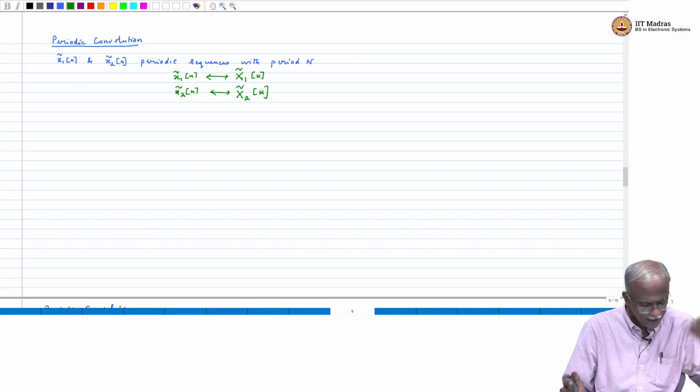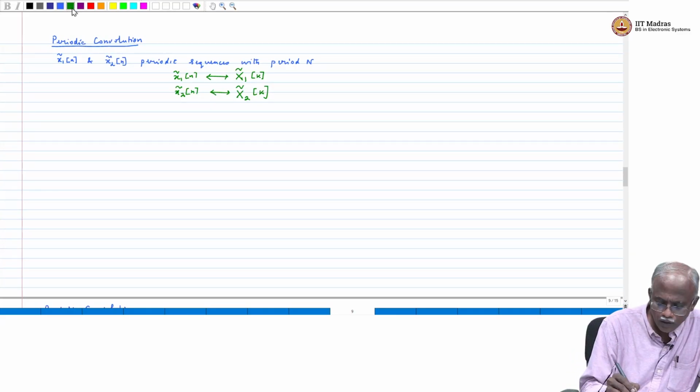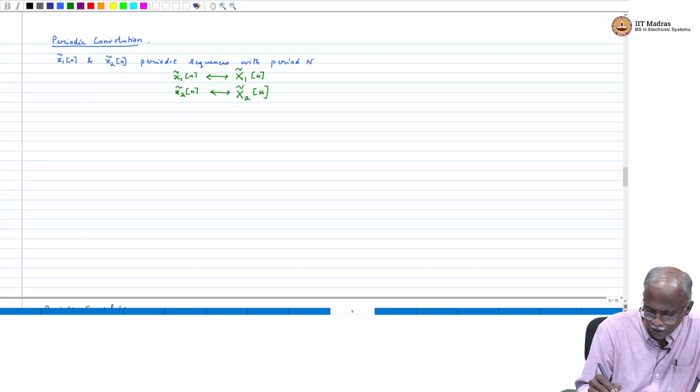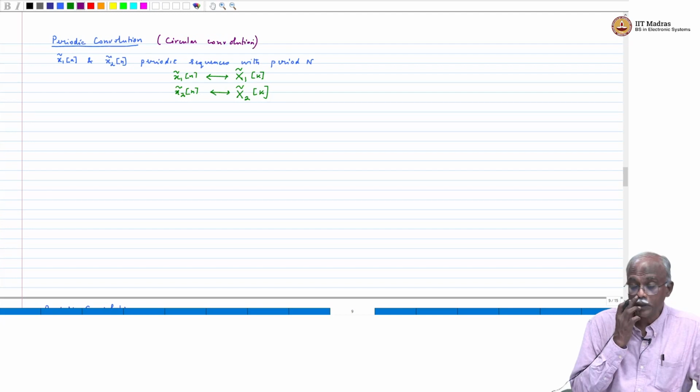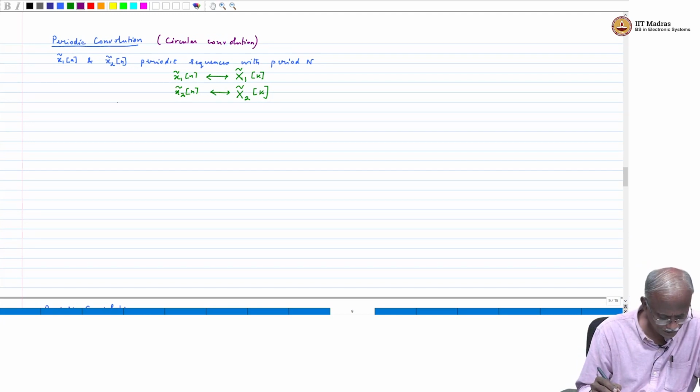Okay, and we are introducing what is called periodic convolution. You can also call it circular convolution. Since we are talking about periodic signals, here we will talk about it in terms of the circular convolution. Also we call it periodic convolution.